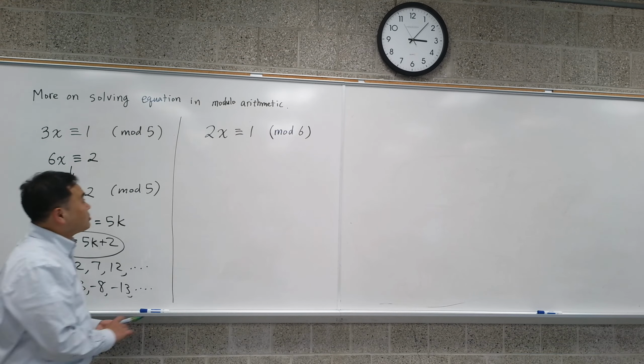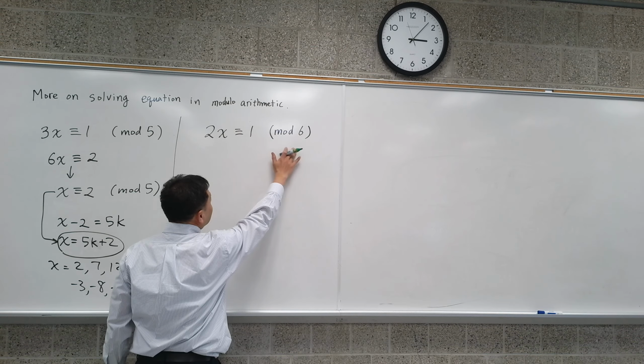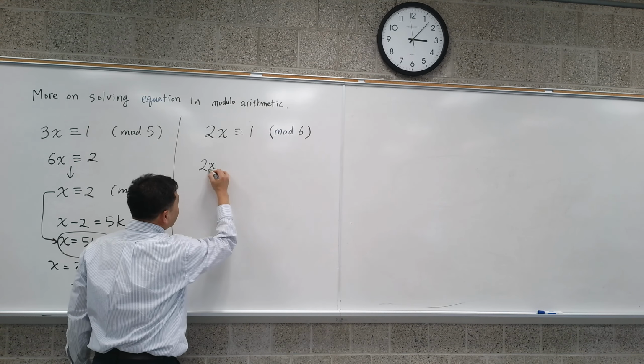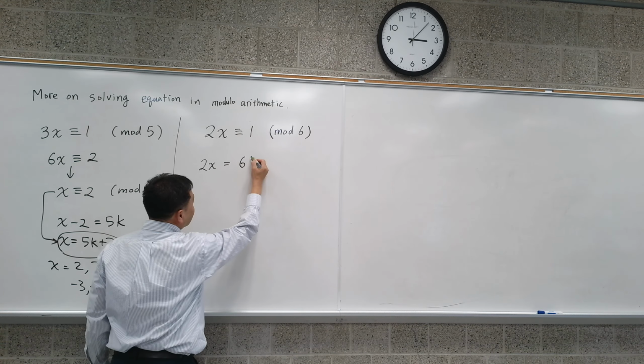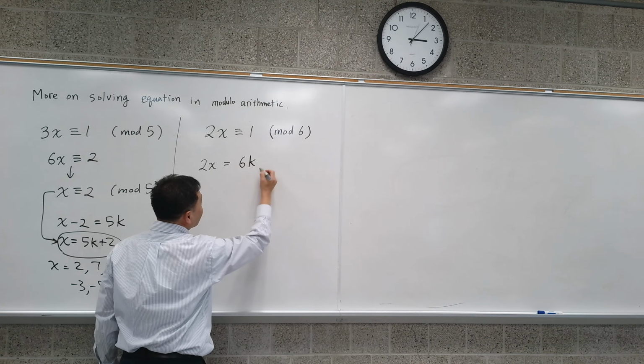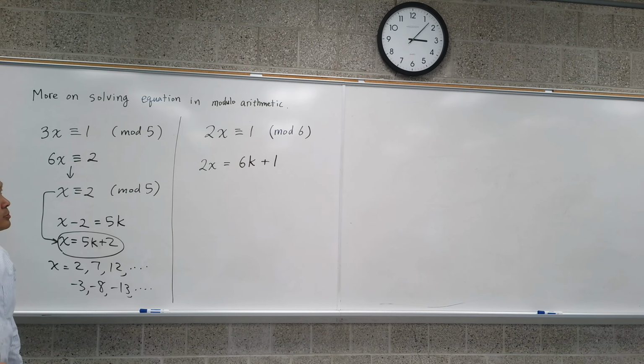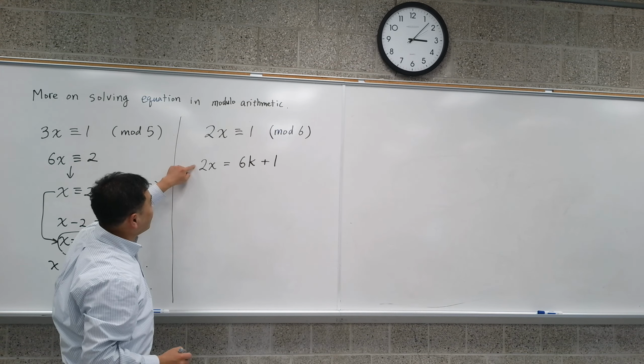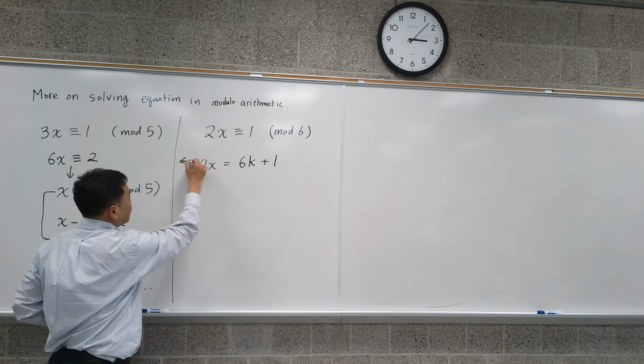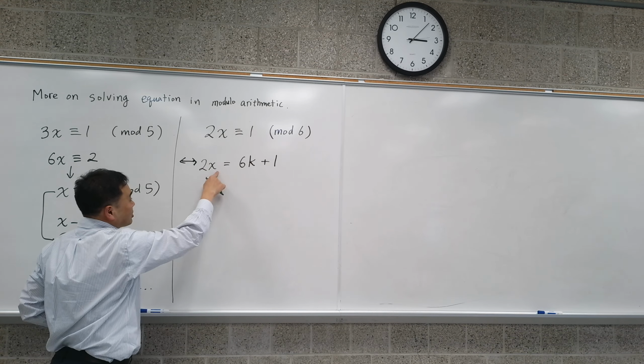Saying that 2x is congruent to 1 mod 6 means 2x is something that, if you divide by 6, there's some quotient that we don't know about, and then 1 should remain. So the above is the same as that.